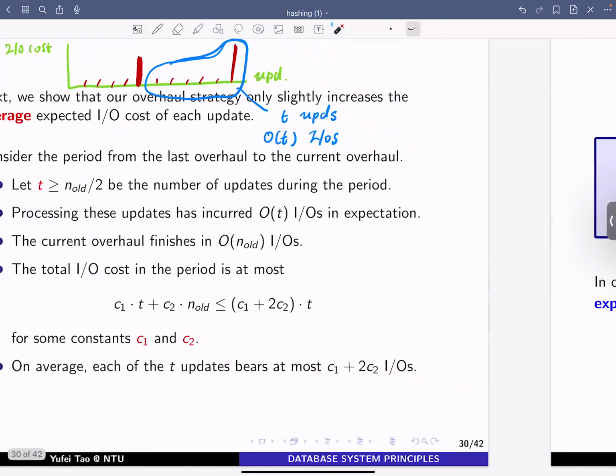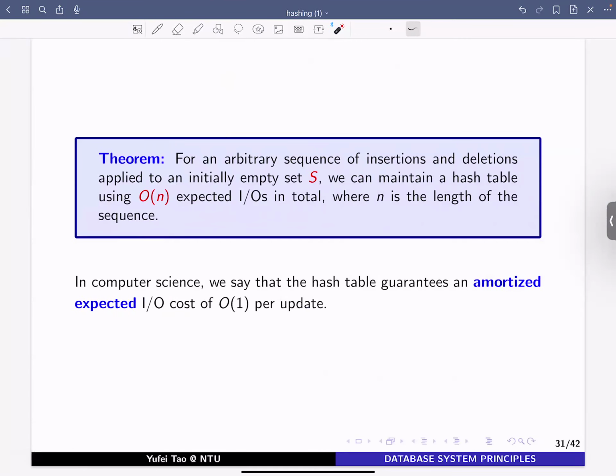Very nice. So this is the last slide of today's lecture. It's a difficult lecture, and also it's a long one. So here, essentially, we have proved a powerful theorem. The theorem says, look, suppose initially the data set S is empty. And then we're going to maintain a hash table over a sequence of insertions and deletions. So this can be an arbitrary sequence, insertions mixed up with deletions in an arbitrary manner.